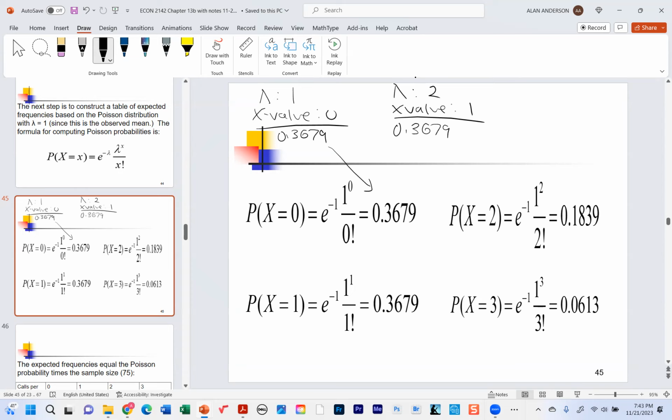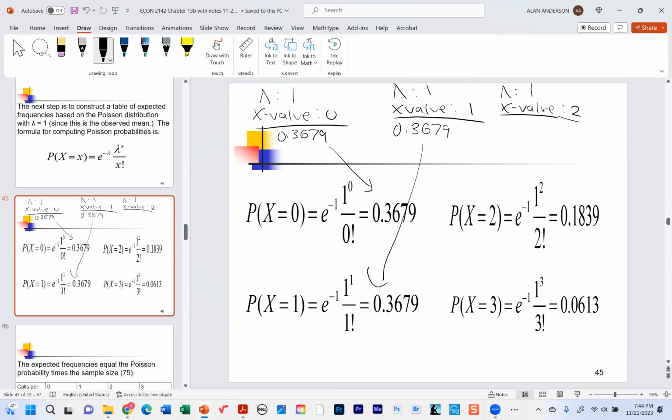Wait a minute. I'm sorry. This is not correct. The lambda doesn't change. This should be a 1. It's the x value that changes. That's this one. And then for this one, oh, I did it again. Lambda is 1. X value is now 2.